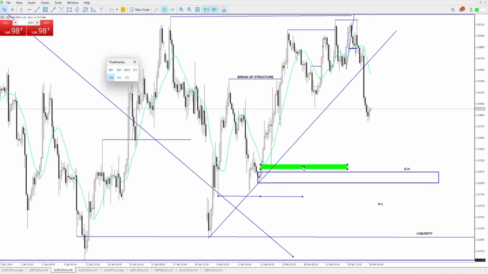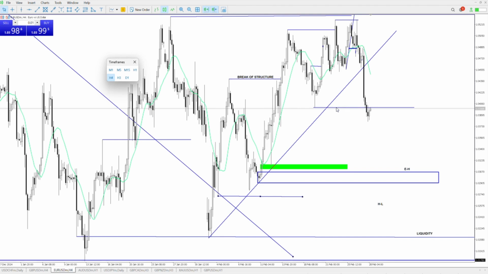I've highlighted this is my order block at this point, and this is my order block at this point, and this is my gap. So what happens? Price is expected, since after the break of structure it forms another lower low at this point, and price broke out from this particular low, forming a break of structure at this point.